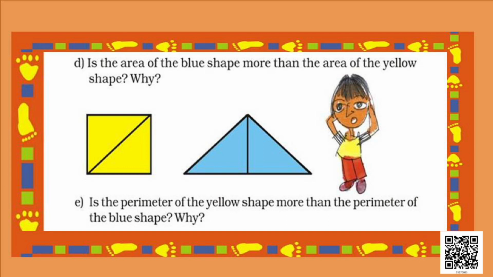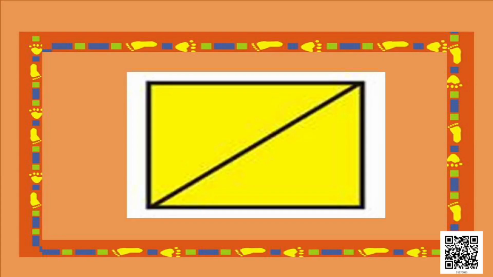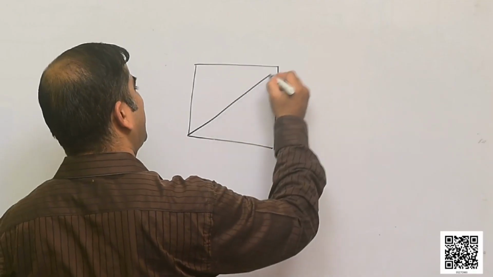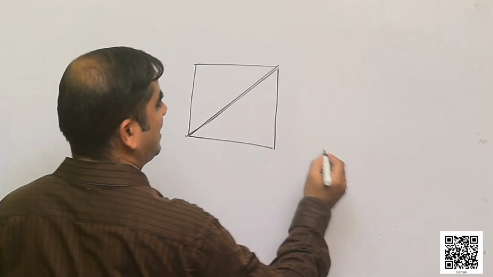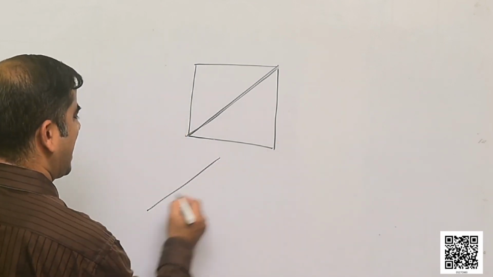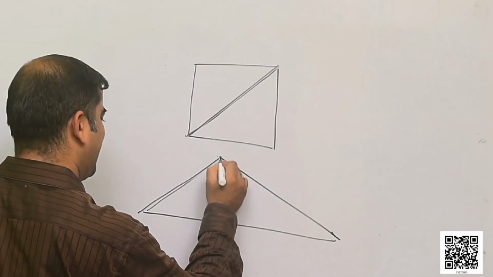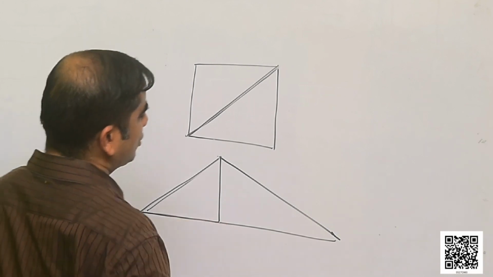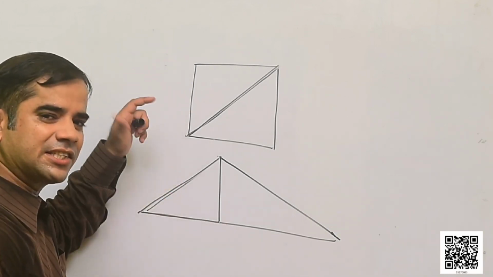Let's check. See, this is the square, yellow in color, given in your book, which is divided like this. And this is the triangle, blue in color, given in your book, divided like this. So can you guess or find out the relationship?